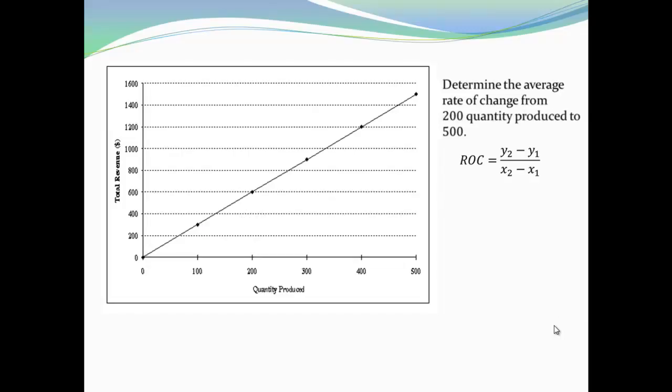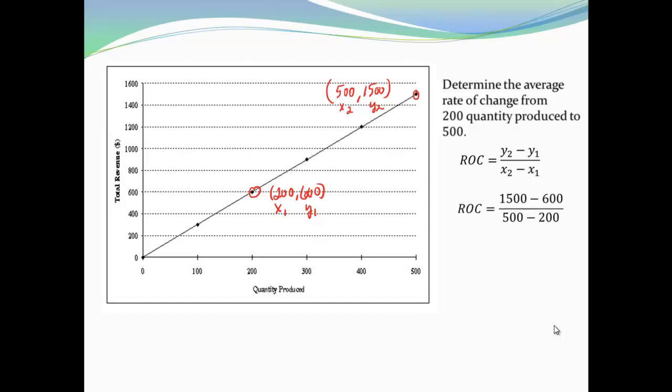So let's take a look at the average rate of change from 200 quantity produced to 500. Again, I'm going to have to find my data points. When there's 200 quantity produced, I see that my output is 600. And when there's 500 quantity produced, I see my output is 1500.